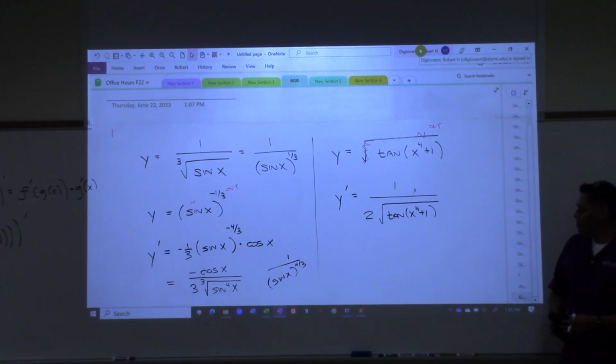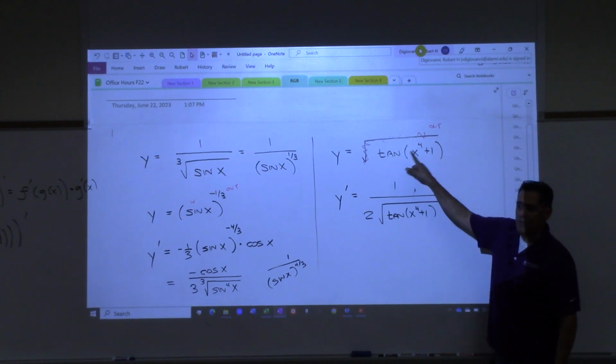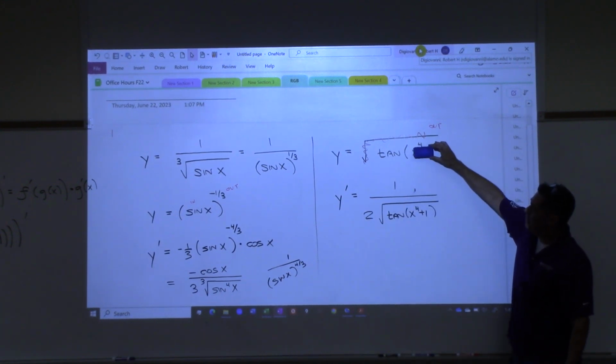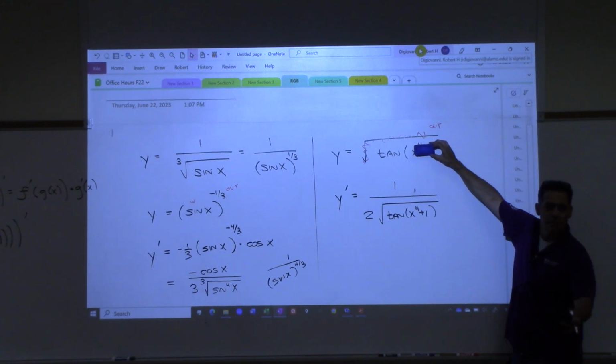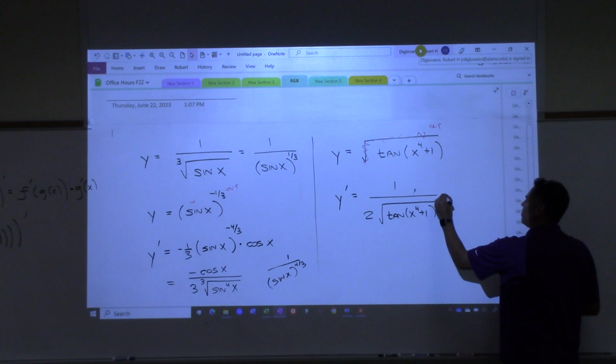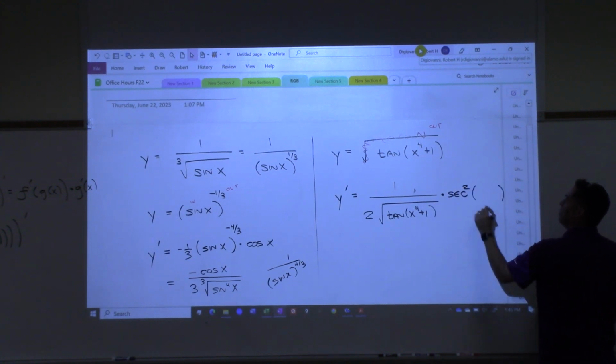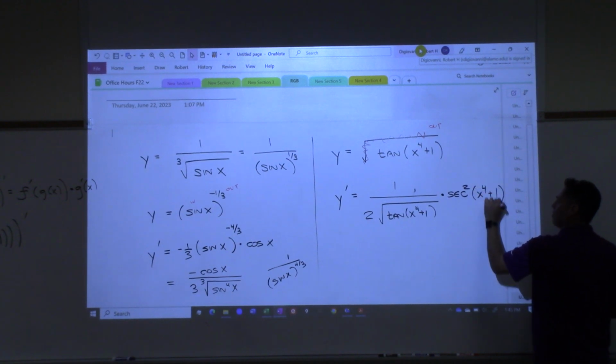So this is now the outer and this is the inner. I'm going to cover up the inside and take the derivative of tangent of an eraser. What's the derivative of tangent of something? Secant squared, so times secant squared of the eraser, x to the fourth plus 1.